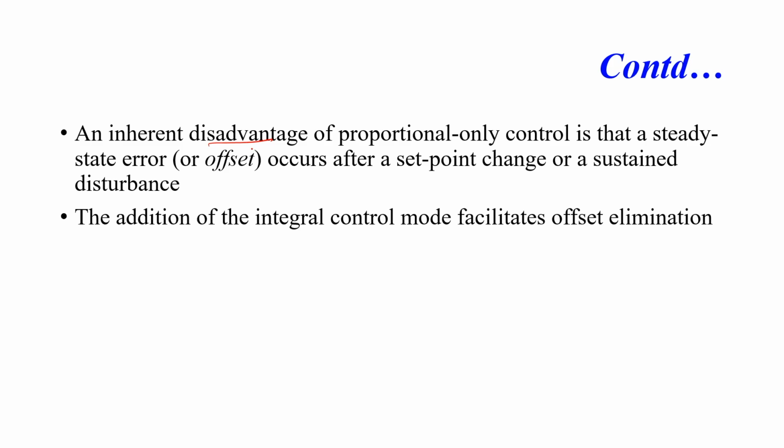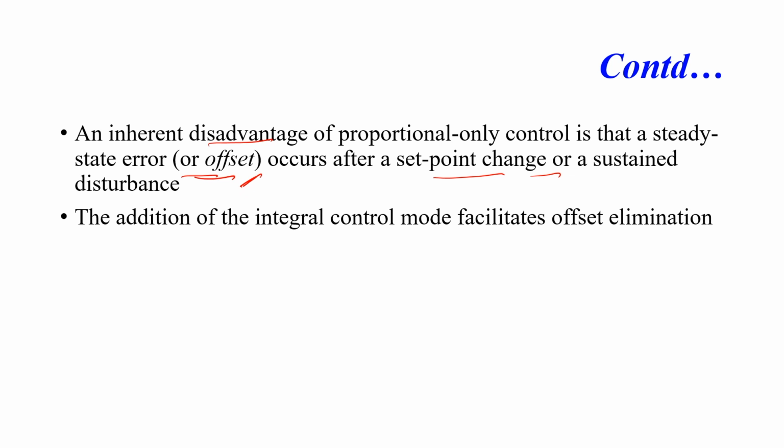So, there are certain disadvantages. An inherent disadvantage of a proportional controller is that steady state error or offset occurs after a set point change or even after a sustained disturbance. So, there is an issue of offset that will always be there.